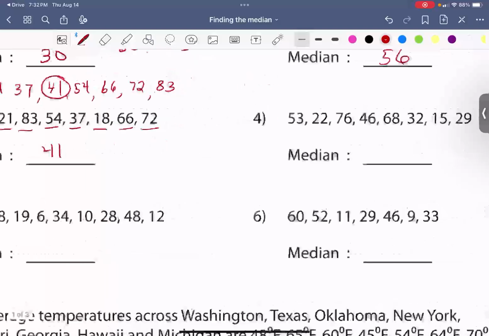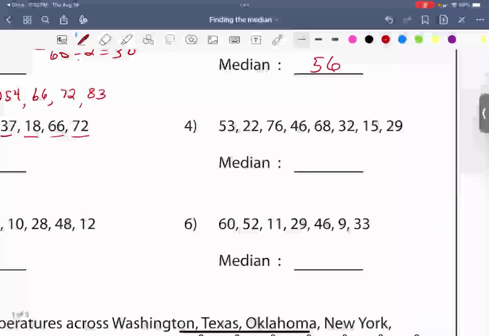Let's look at number 4. So the smallest number is 15. The next number is going to be 22. Next number is going to be 29.